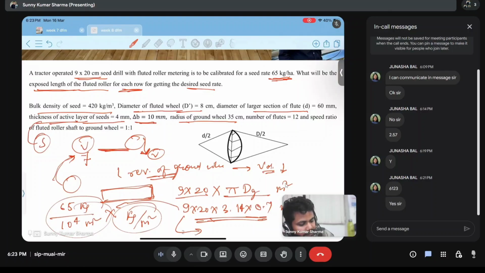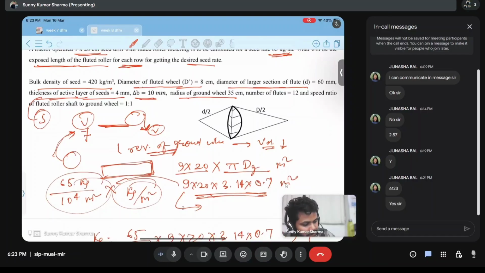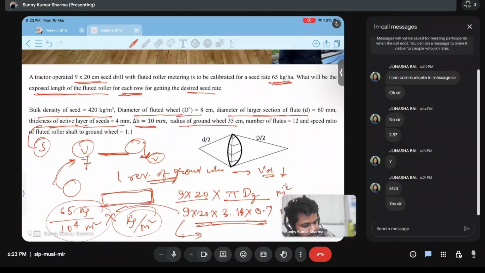Diameter of rooted width, diameter of larger section of the rooted line. So this will be the diameter of width, diameter of larger section. This is the larger section diameter.